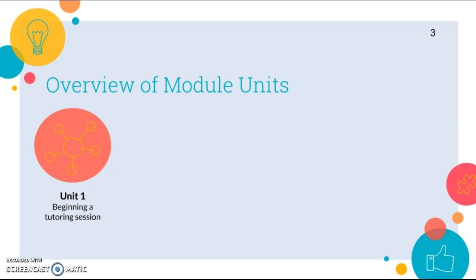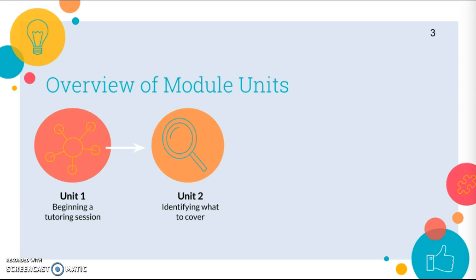After going through this unit, you are going to move on to Unit 2. Unit 2 is all about identifying learner needs and figuring out what to do at the beginning of a tutoring session. The big takeaway from this unit is identifying learner needs helps tutors to game plan for a productive session.